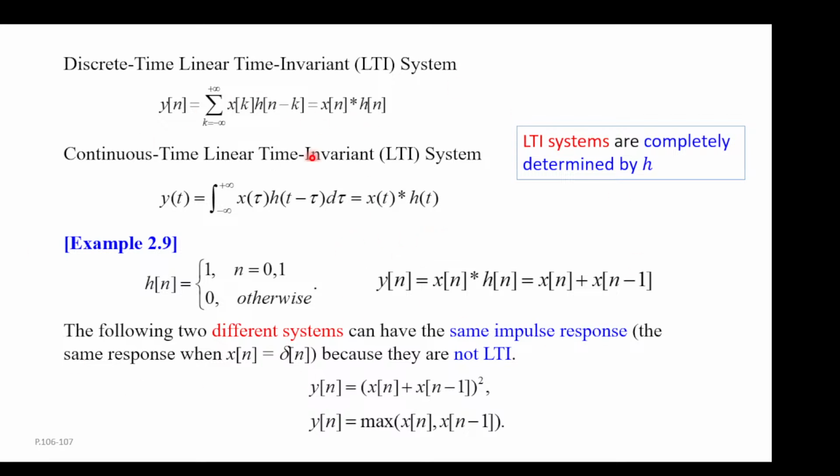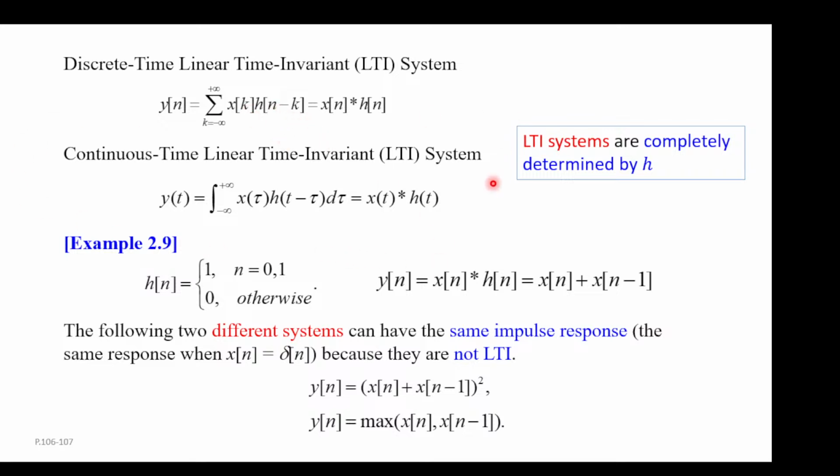Okay. So we have said that LTI systems, so linear and time invariant systems, are completely determined by the unit impulse response h function. For an LTI system, the output is the discrete convolution between your input function and your unit impulse function h, and the convolution is this summation of x of k h of n minus k.